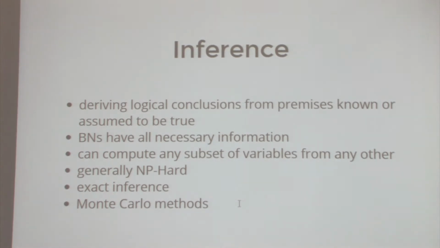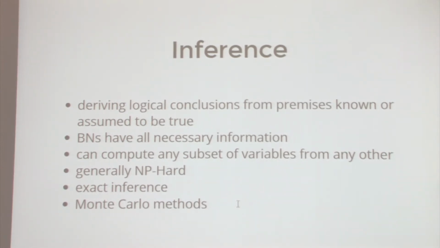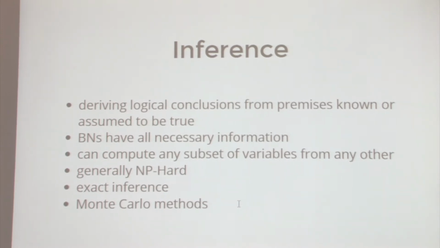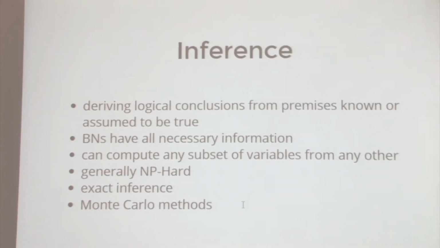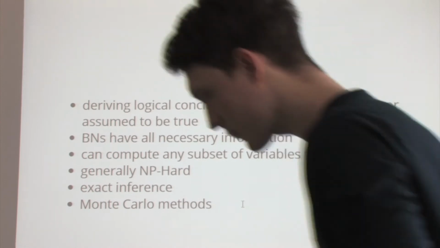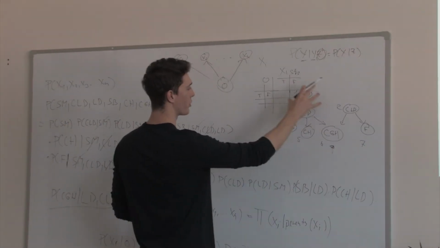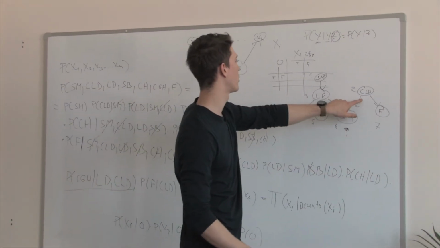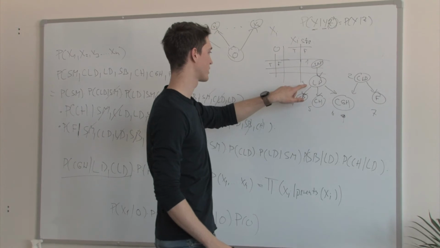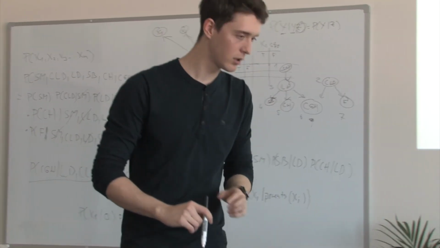Bayesian networks provide all the necessary resources for such a task, and they allow you to compute any subset of variables of the model based on any other subset of observed variables. So let's say here if we knew that the patient has a cough, we could change the probabilities that the patient also has a cold and has lung disease and so on.